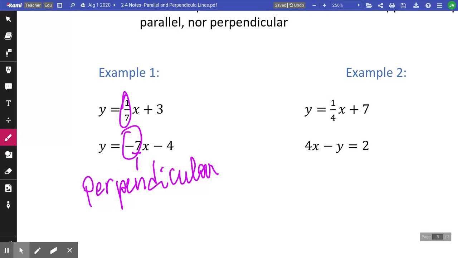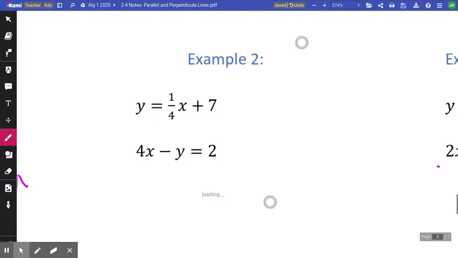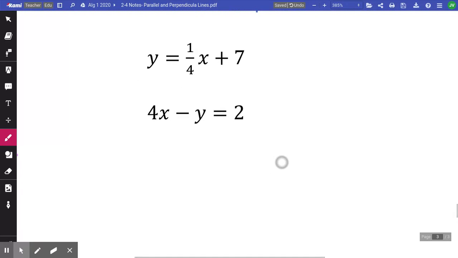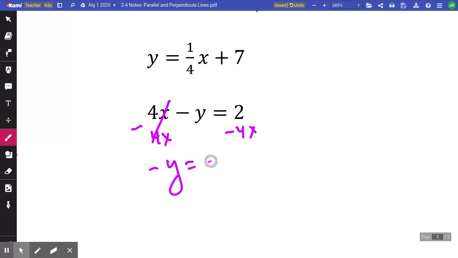Okay, now let's take a look at this other example. The first equation is in slope-intercept form and the second is in standard form, so I'm going to have to work on this a little bit. I will turn this equation into slope-intercept form too, so I can easily see the slope. Minus 4x on both sides, and this cancels. So we have negative y equals negative 4x plus 2.